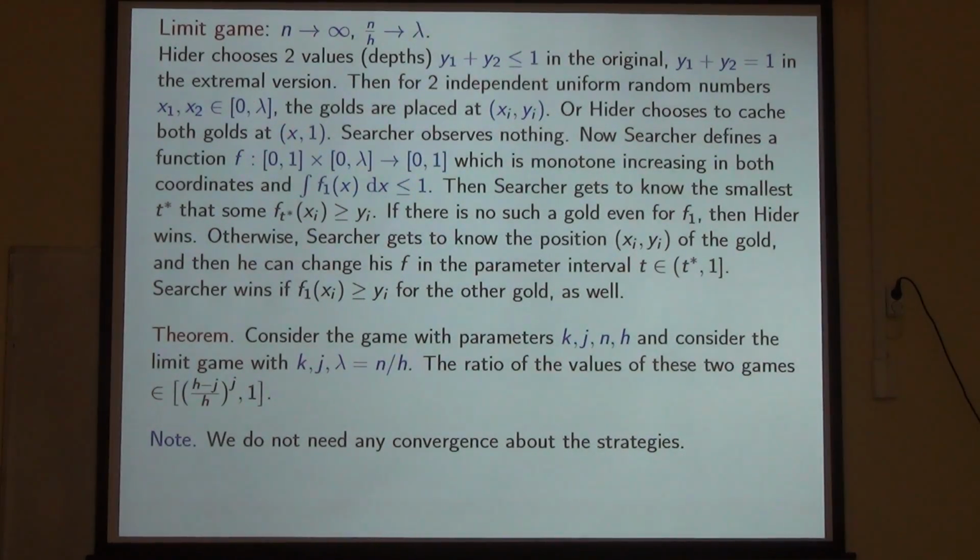And so this is the point, the message of the entire talk: if you want to understand what happens if some parameters tend to infinity, you shouldn't just change the parameter to infinity and look for a meaningful problem, but what you have to look for is a game which may look different from the original one, but you have a convergence of this kind.